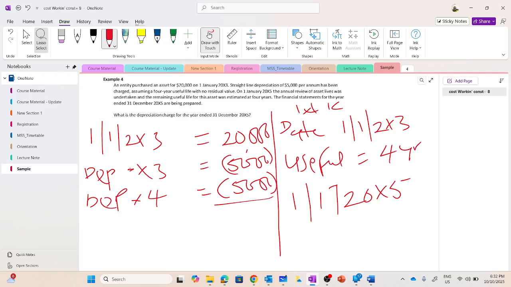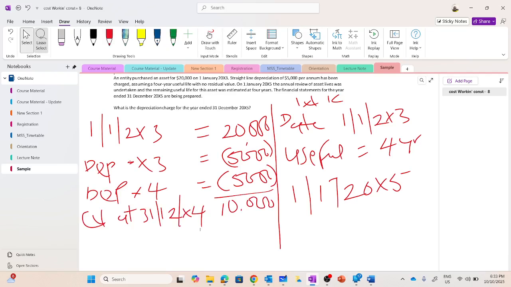On 1st January 20x5, the annual review of asset lives was undertaken, and the remaining useful life of the asset was estimated at 4 years. So after reviewing, the remaining useful life has increased from 2 years to 4 years. So now we are going to depreciate the asset based on 4 years.